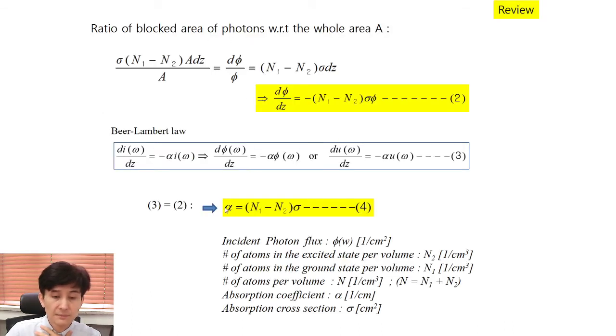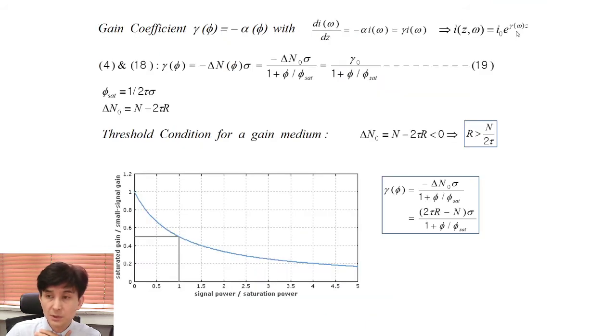Here we obtained alpha is delta n times sigma, and if delta n becomes negative, alpha becomes negative, that means absorption is negative, that means it's gain. And we obtained gamma, which is the gain coefficient, is equal to minus delta n times sigma.